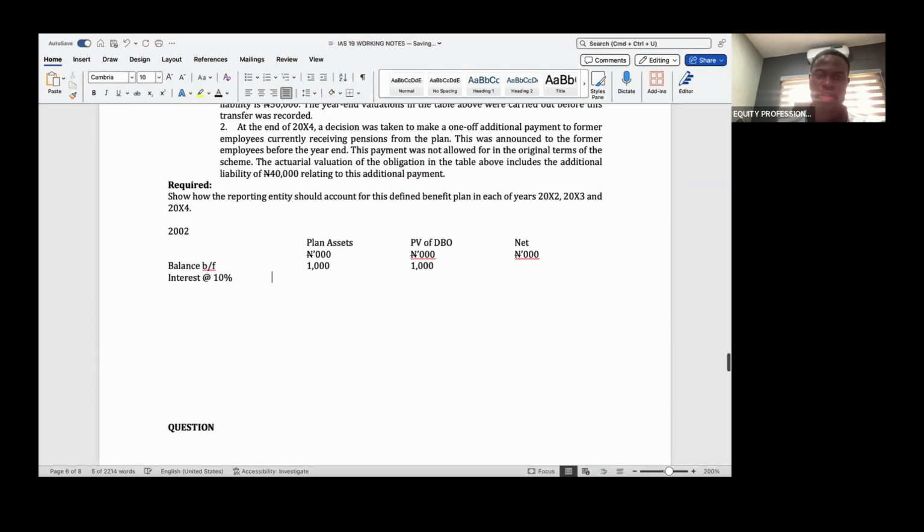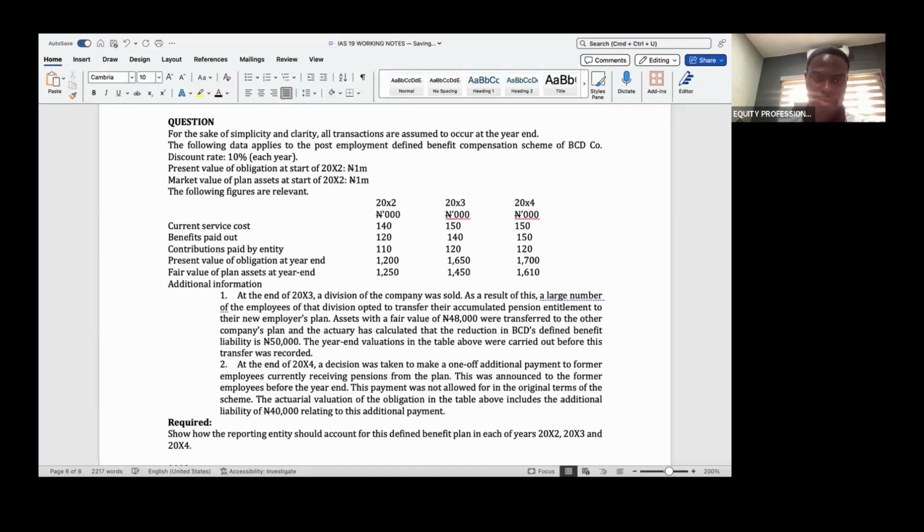So 10% of 1,000 will definitely be 100. 10% of this 100, so they nil off, so nothing goes to P&L because it's the same figure, 100, 100.